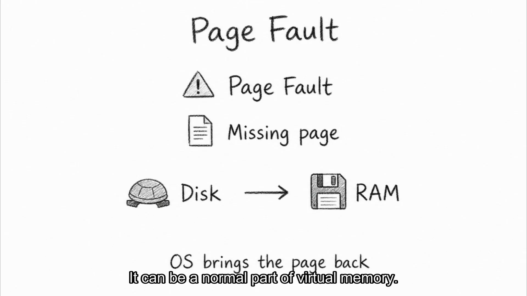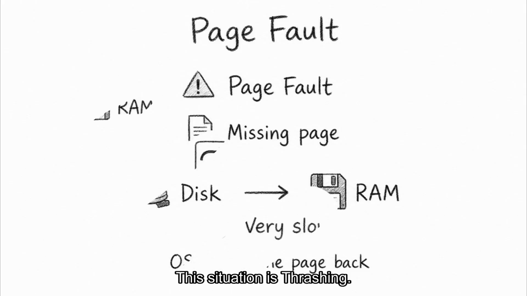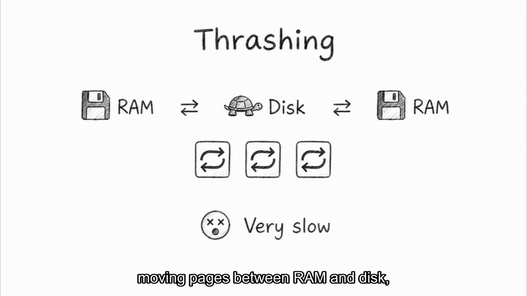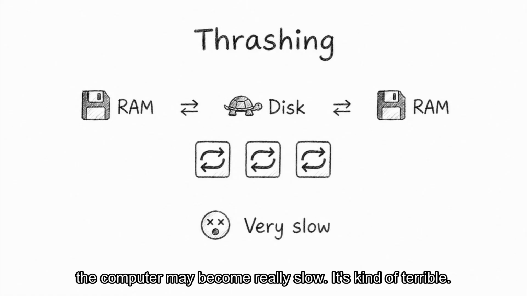It can be a normal part of virtual memory, but if page faults happen too often, the system can become really slow because disk is much slower than RAM. This situation is called thrashing. Thrashing means that the system spends too much time moving pages between RAM and disk instead of doing real work. For example, if too many large programs are open and RAM is almost full, the program and computer may become really slow.